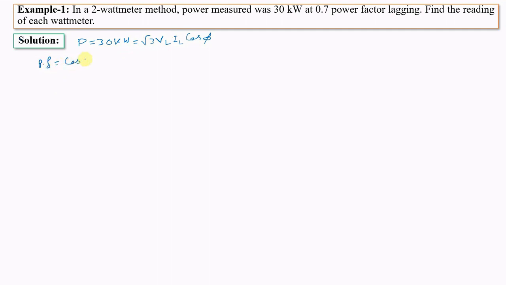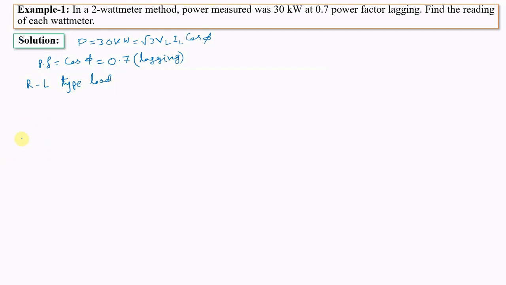Power factor, that is cos phi, is 0.7 lagging. Lagging means the nature of the load is resistive inductive. So here we can conclude the nature of the load is RL type load.